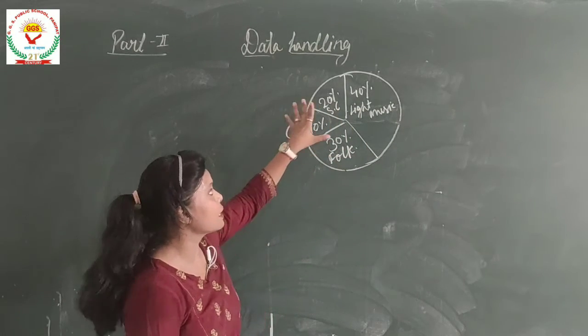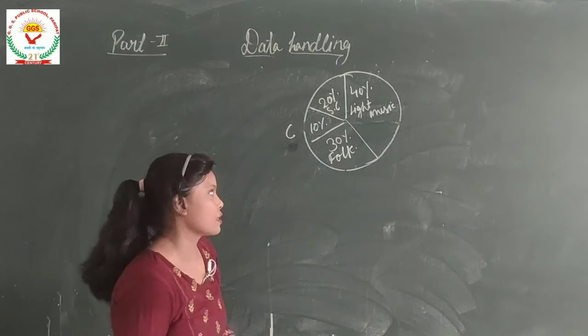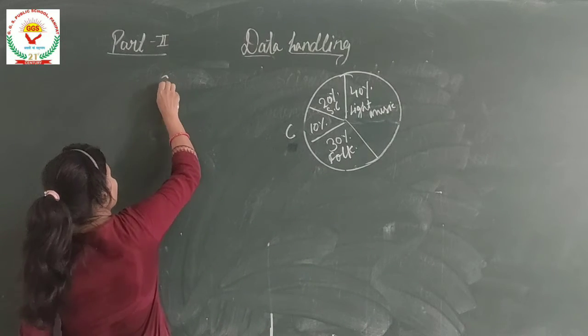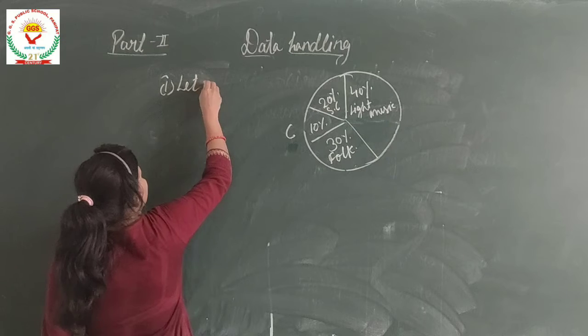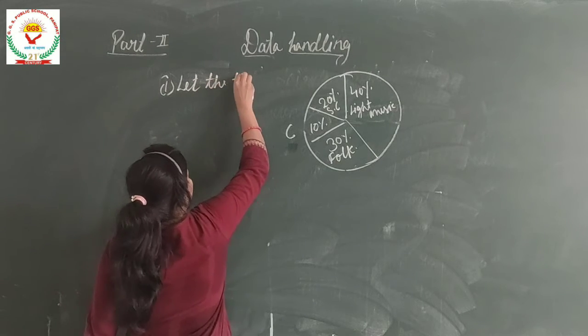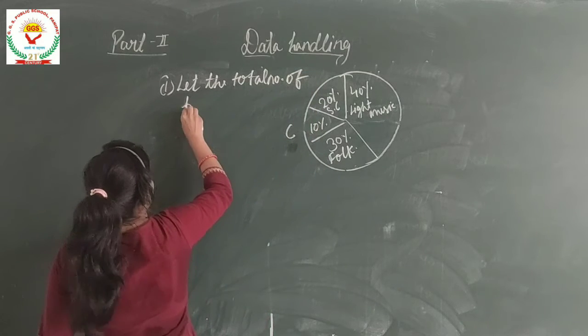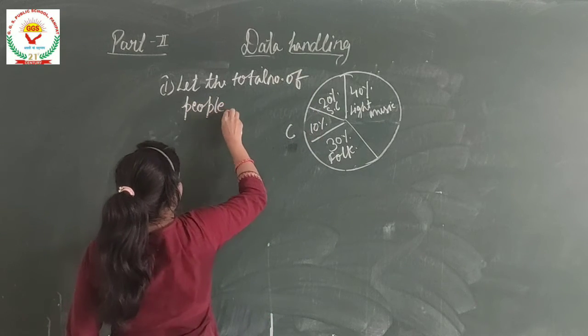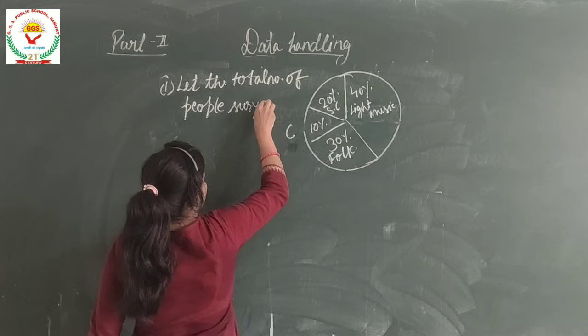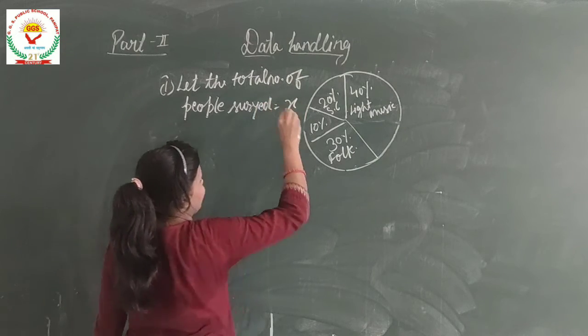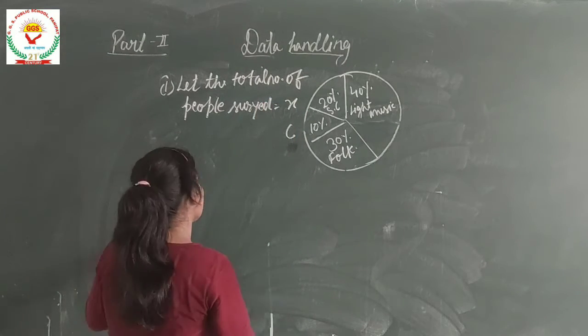For finding it, we will let the total number of people surveyed be x.